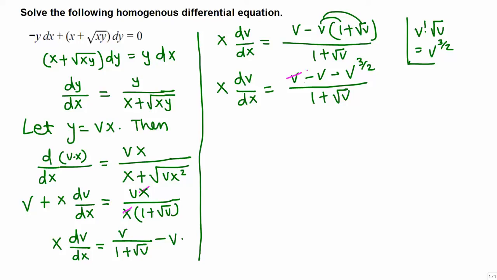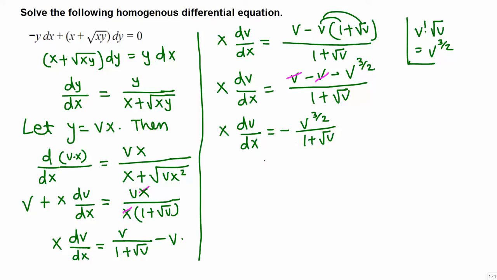Now v and negative v cancel, then we have x dv over dx is equal to negative v raised to 3 halves over 1 plus root v on the bottom.